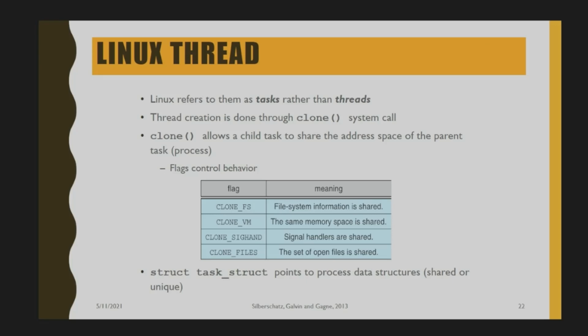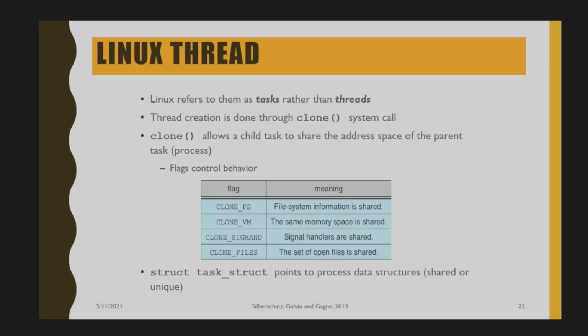The flags control the behavior. We have CLONE_FS, where FS refers to the file system. If this flag is set, the file system information is shared. Then we have CLONE_VM, where VM refers to the memory space, so the same memory space is shared.